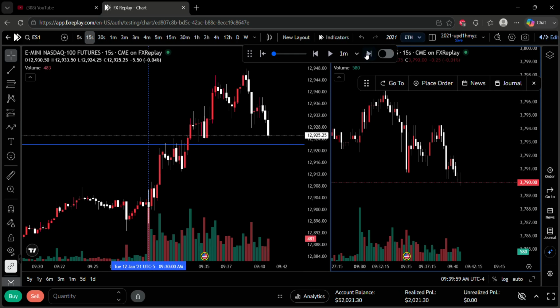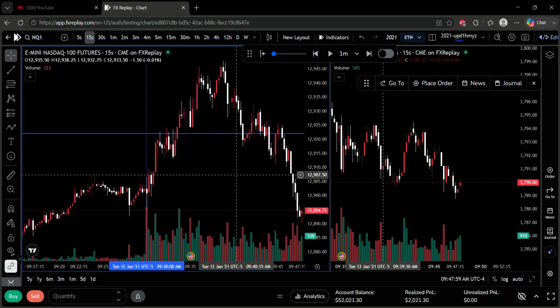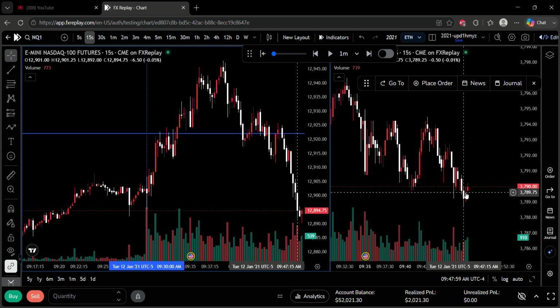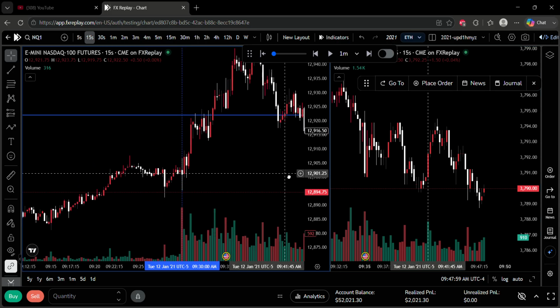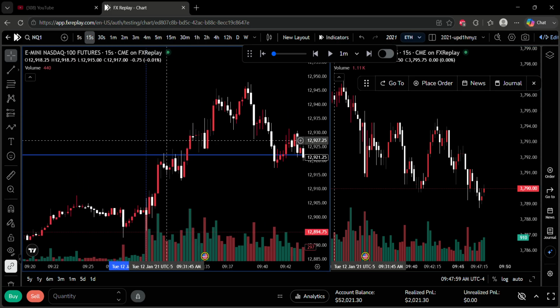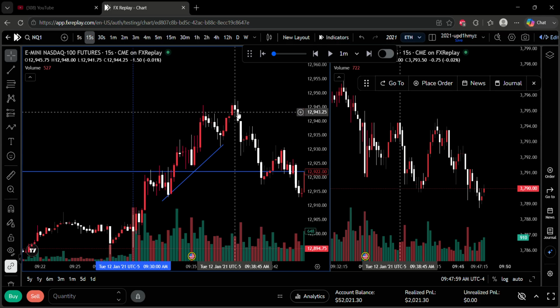This is terrible price action. Yeah, that's not bad. This LR, we have the SMT.